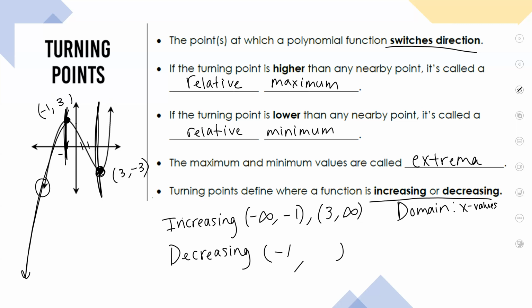So between -1 and 3 is where it's decreasing. No, you don't look at the y, you look at the domain, the x values, okay? All right, so now that we know what turning points are and how to write the intervals of increasing and decreasing parts, go ahead and work on the next page. Go to the next page. I want y'all to do that top question on page 9.